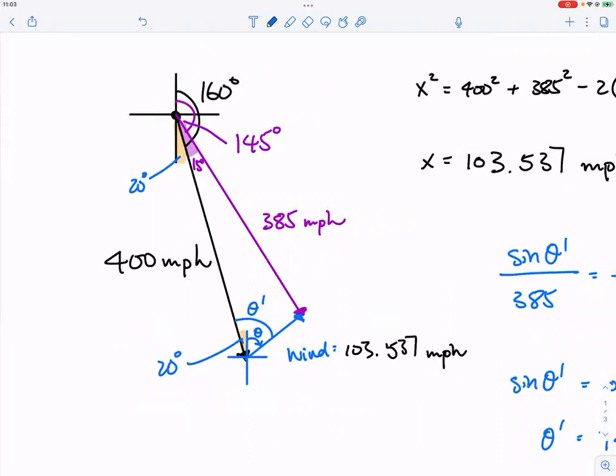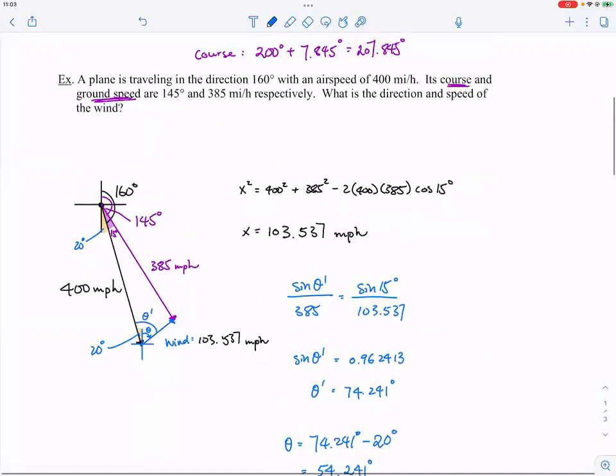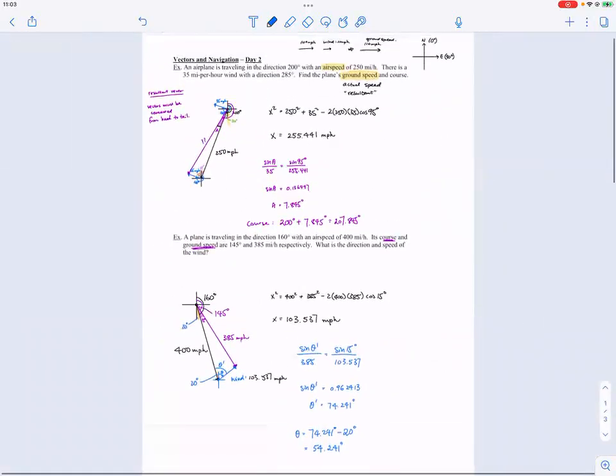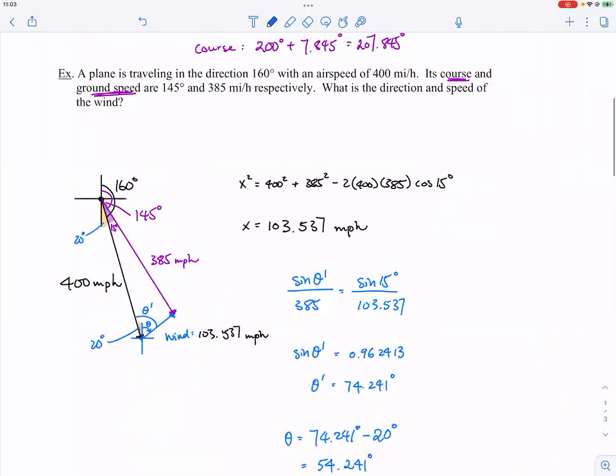That's probably one of the biggest struggles for students, because they may just stare at this part of the diagram and they don't know what to look at and they don't know how to find it, but it's from here. So these are the main things for navigation. So make sure you know how to draw diagrams. Draw a big enough diagram not to confuse yourself.